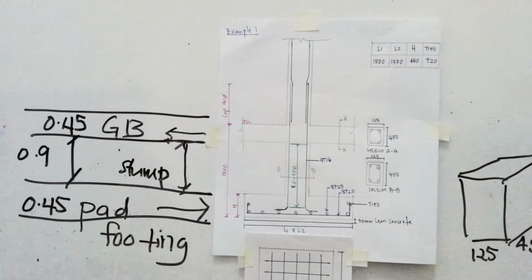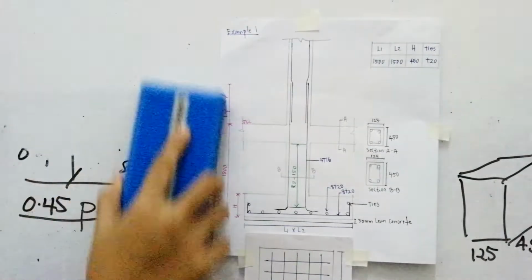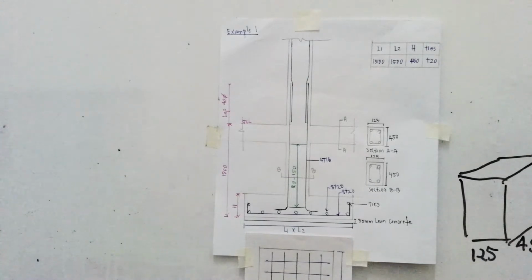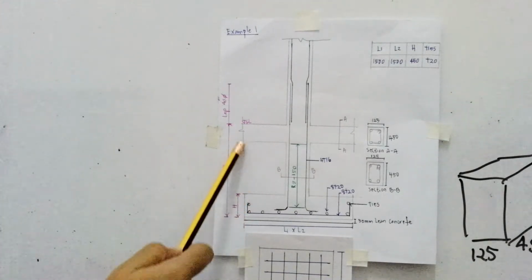Now what are we going to do? We are going to do the taking off for both stump and also pad footing. So basically you need to prepare the place.